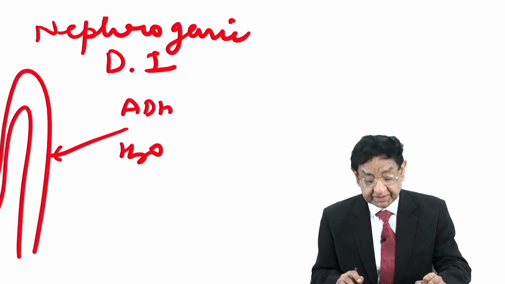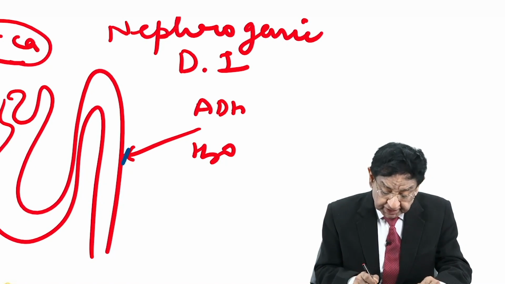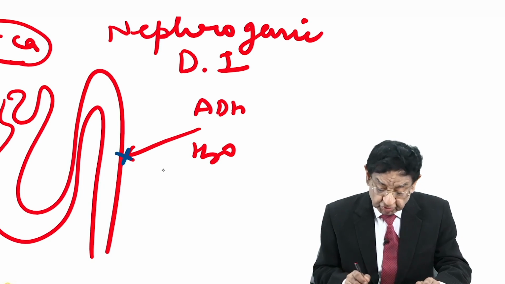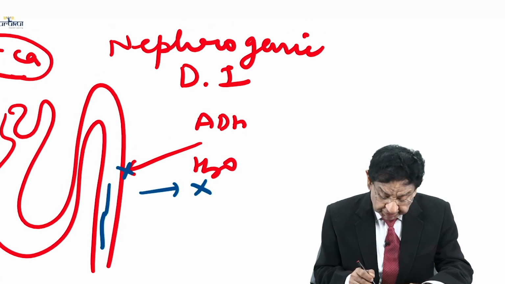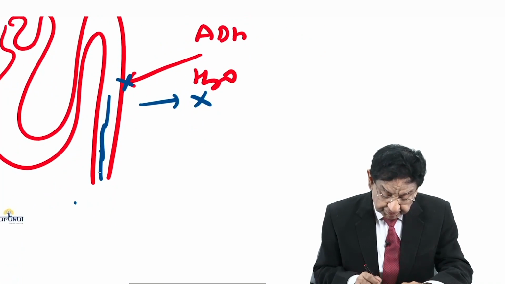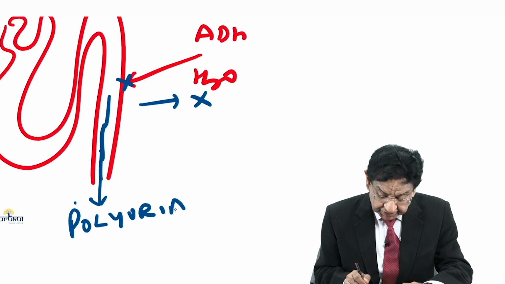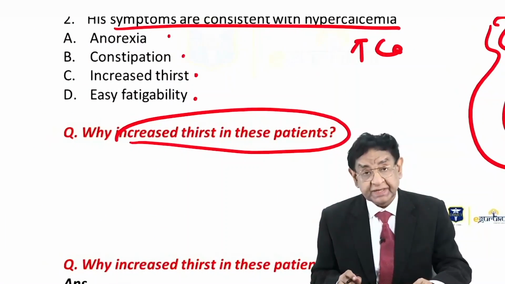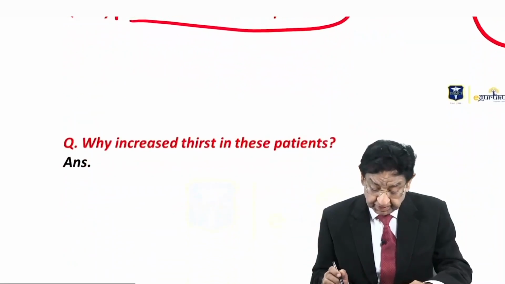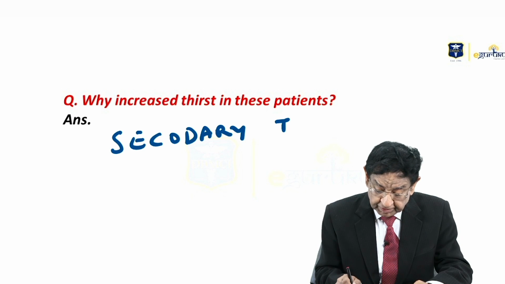Now, in these patients, because of hypercalcemia, this ADH is not able to act on the receptor. The water is not absorbed. Water goes out, and that leads to polyuria, and that leads to increased thirst. Thirst is secondary to polyuria.